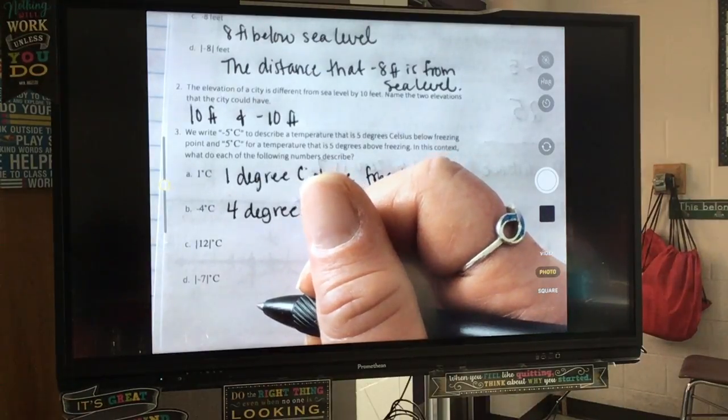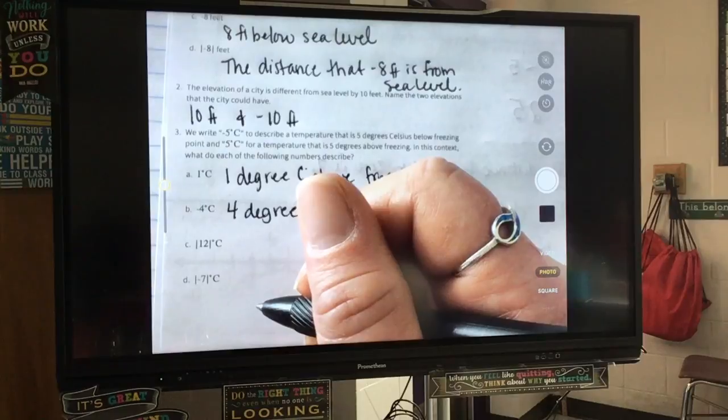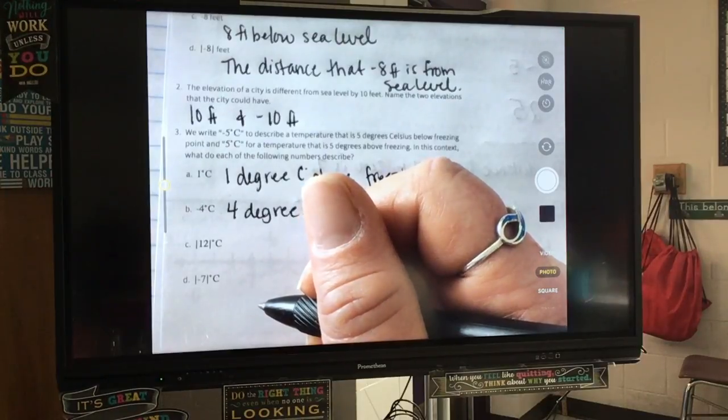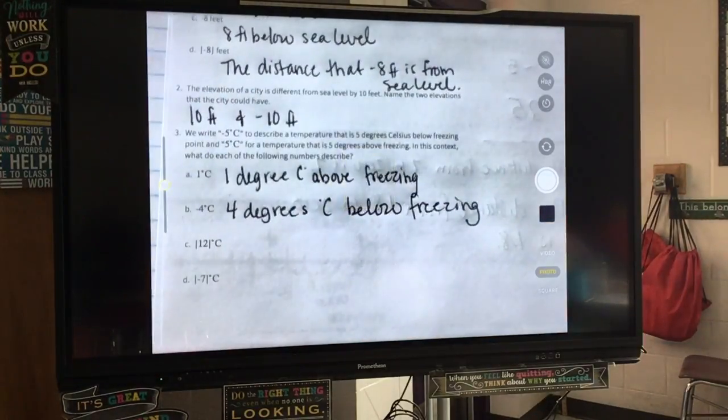I'm just not understanding what you're saying. Just read what you said, but say it to me. The amount of degrees 12 Celsius is away from freezing.